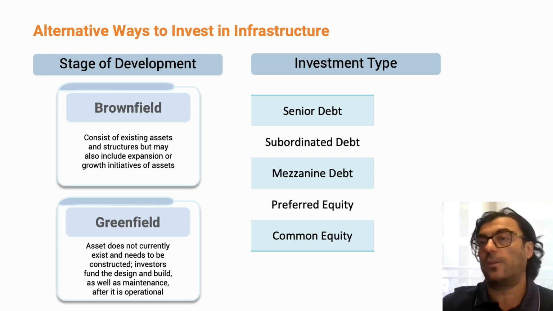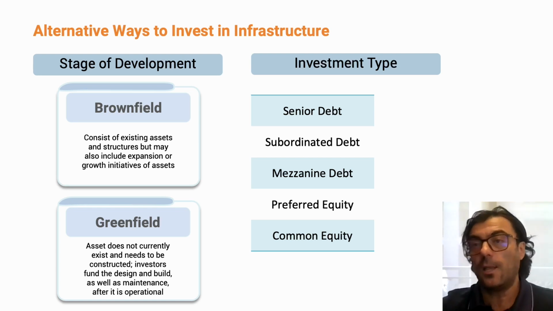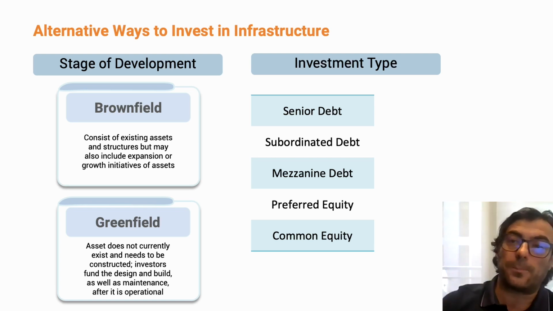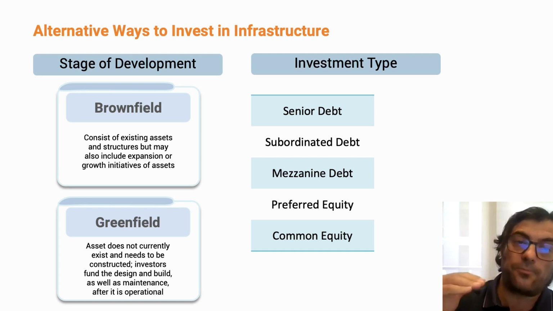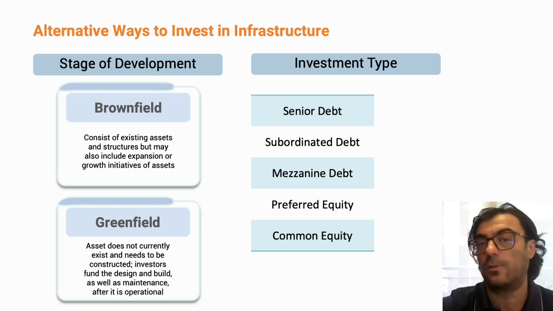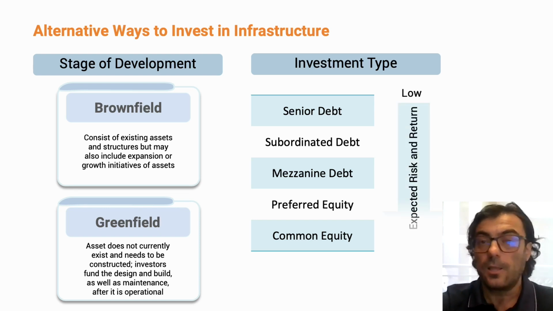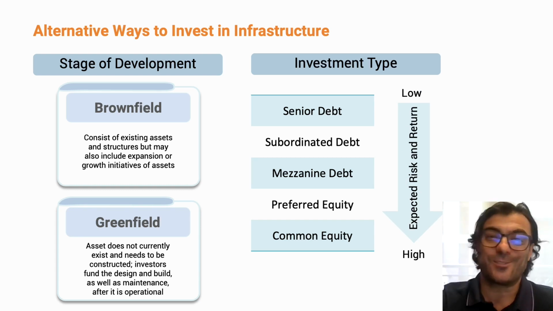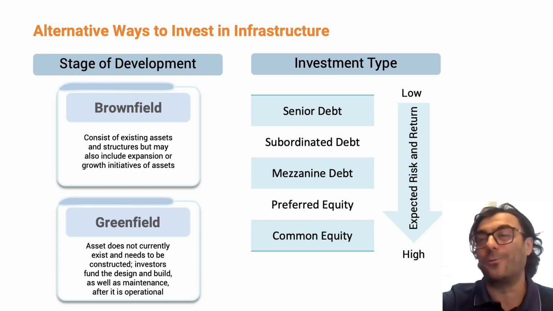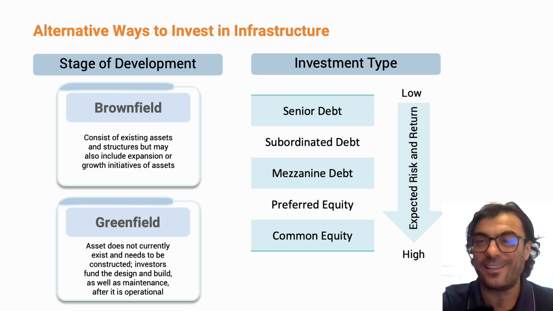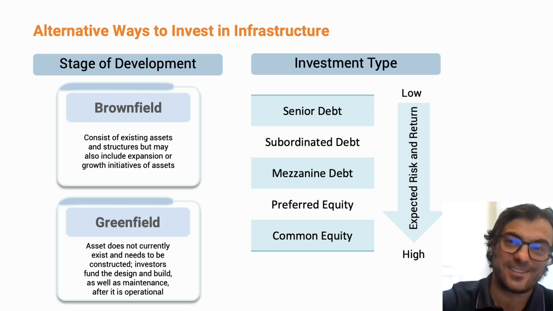Typically, the Sharia compliant investors will invest in the common equity, but there is also the possibility to invest in preferred equity, mezzanine debt, subordinated debt, and in senior debt. Of course, the risk changes. So the senior debt will take a lower risk, and common equity will take the higher risk.